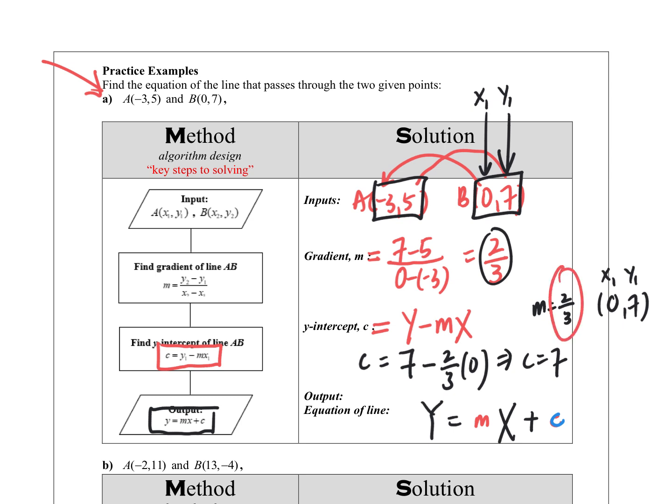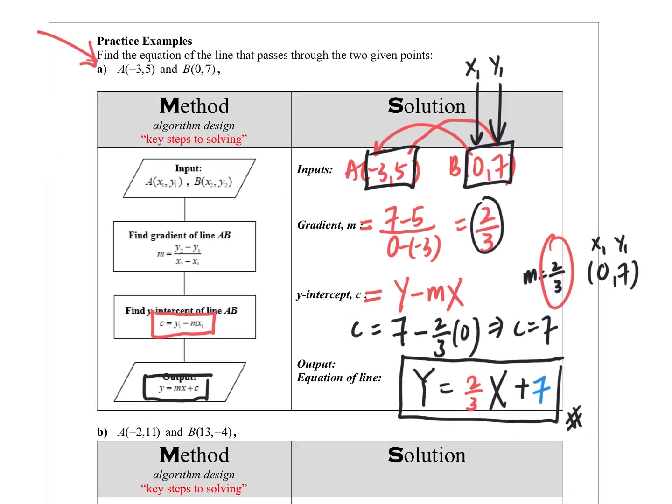So change this to 2/3. What is your y-intercept? 7. So change this to 7. So this is the equation of the straight line that you are trying to find. As long as you run through these steps, you will be able to get to the answer.